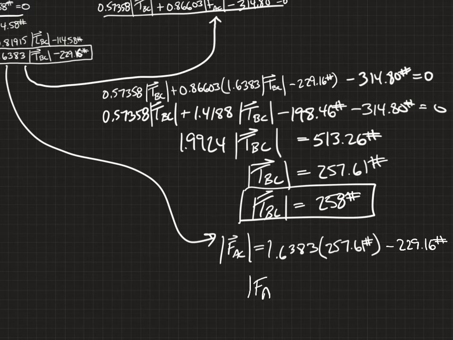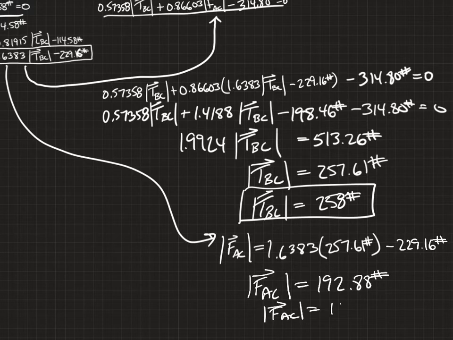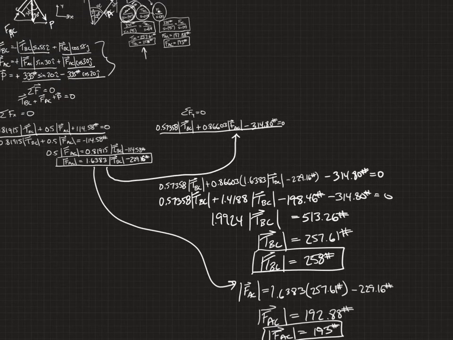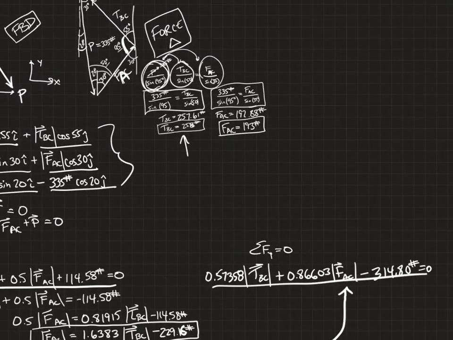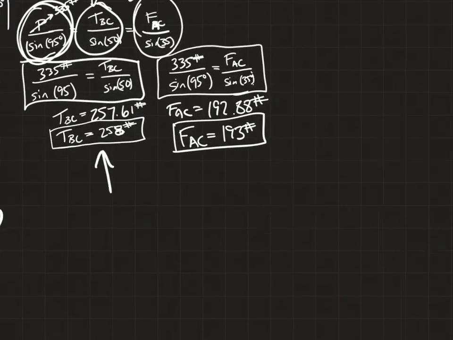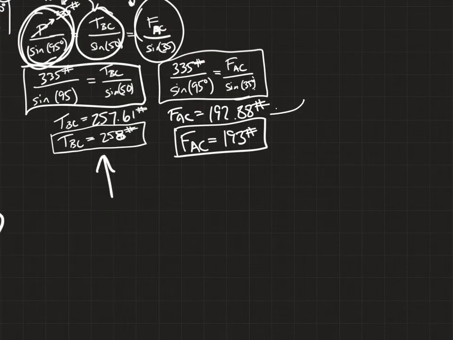That will solve out nicely for us. Okay, 193 pounds. If we go up here, you'll see this is exactly the number we got. In fact, 192.88. So by keeping 5 sig figs, we maintained the exact same answer.